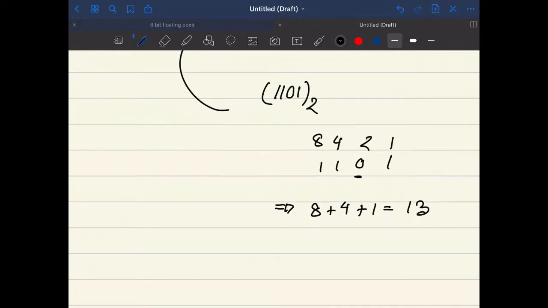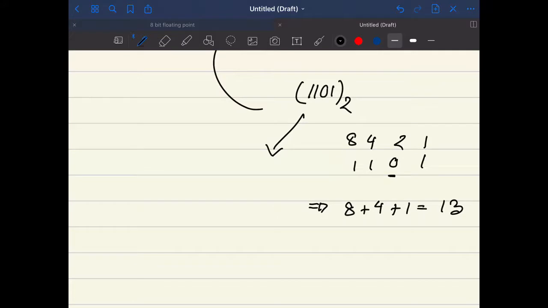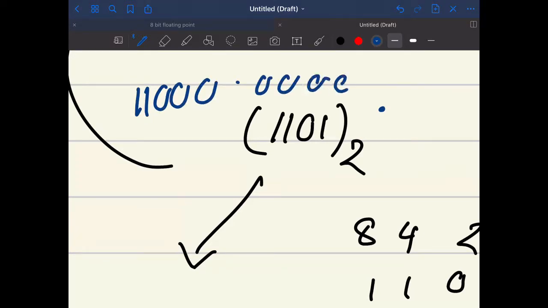However, there's another way to convert this, which is the multiple of 2. Every number has a decimal point, like an imaginary one, so it's 0, 0, 0 something.